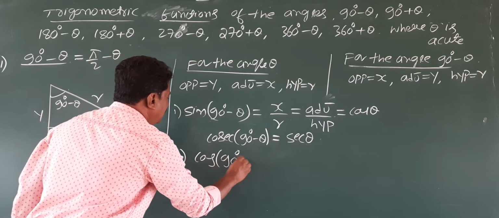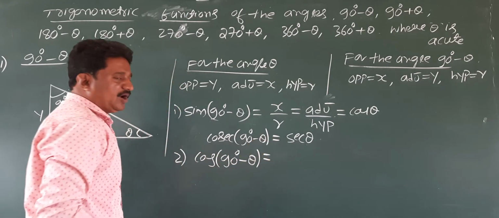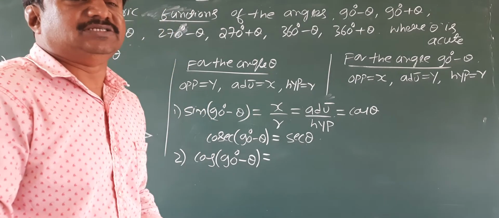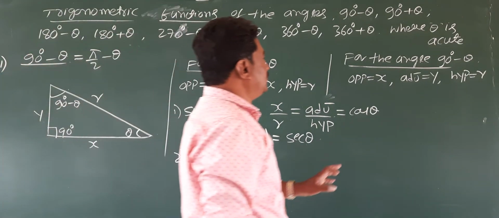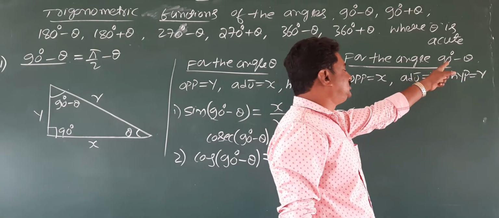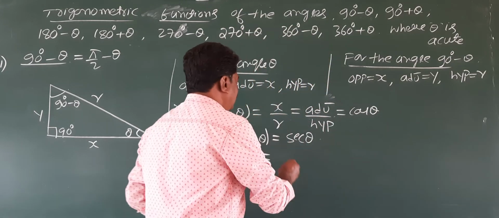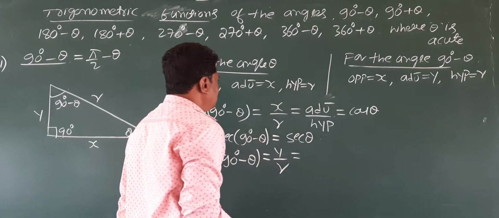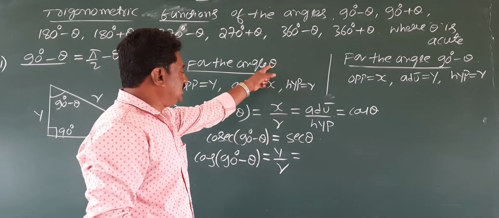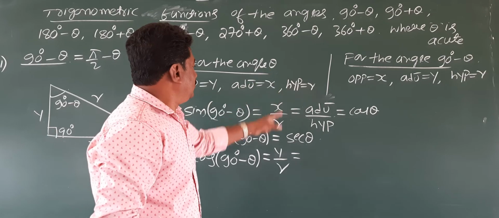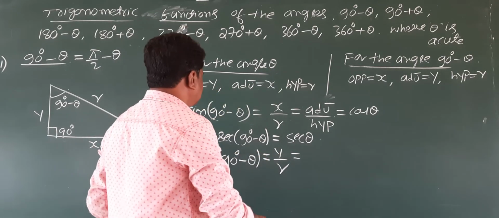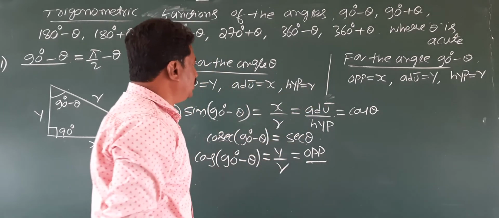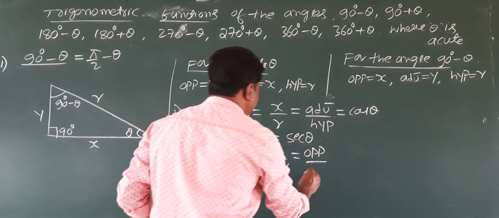Second one, cos 90 degree minus theta. Cos means adjacent by hypotenuse. Tell me the adjacent side for 90 minus theta. It is y. Adjacent by hypotenuse is y by r. But for this theta, y means opposite side, and r is as usual hypotenuse.